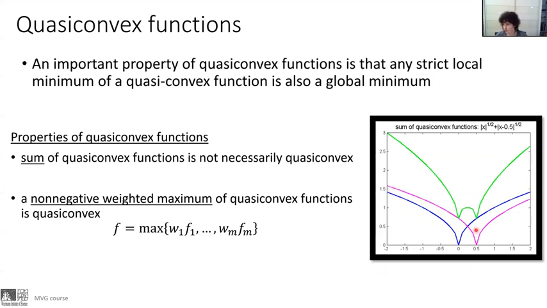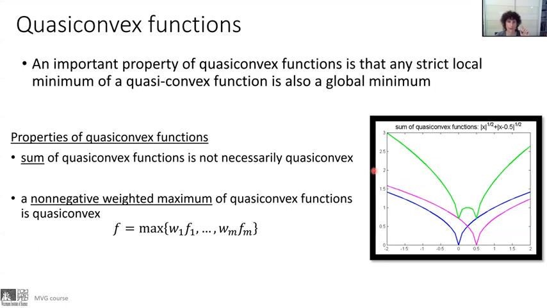Just to understand the difference between this and a convex function, let's look at a simple example. I have a quasi-convex function and I have another quasi-convex function. When I take the summation of these quasi-convex functions, I do not get the green one. It is not a quasi-convex function. You see, you have two modalities. However, the max of this pink and blue function is going to be a quasi-convex function.